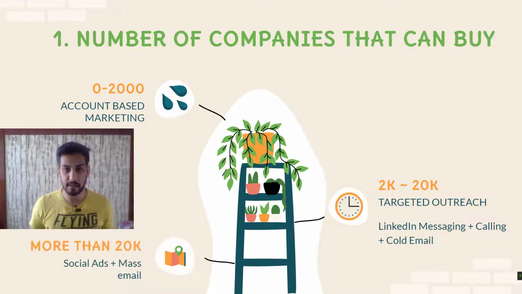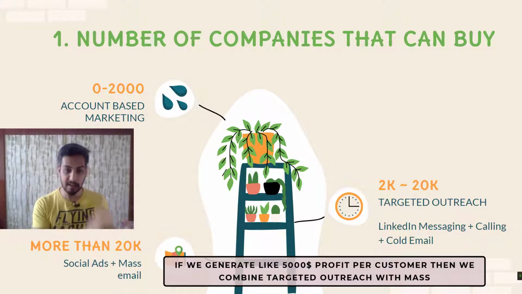And the last is, we have 30,000 companies or 30 lakh companies that can buy from us. And we also have a good profit margin. So, maybe we generate $5,000 of profit per customer. Then we're like, okay, then we usually combine targeted outreach with mass. And mass is more of a focus.